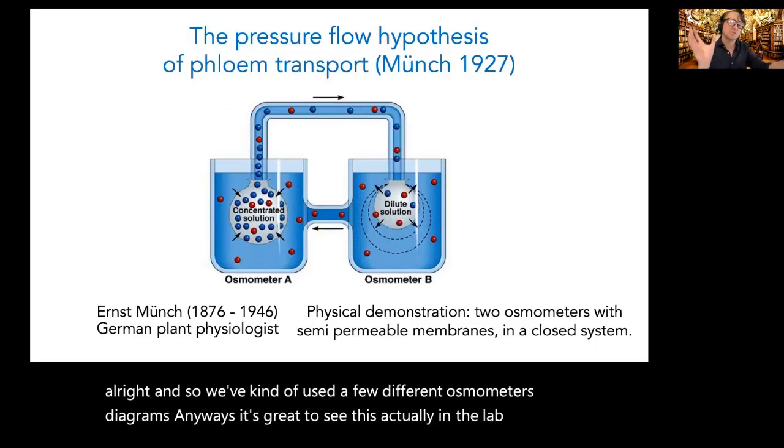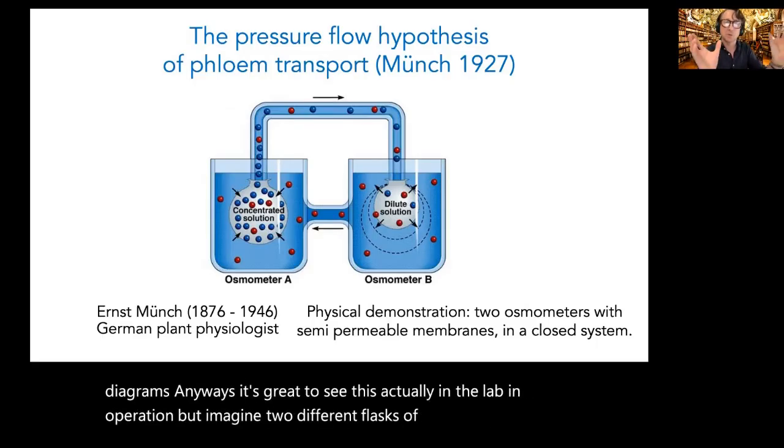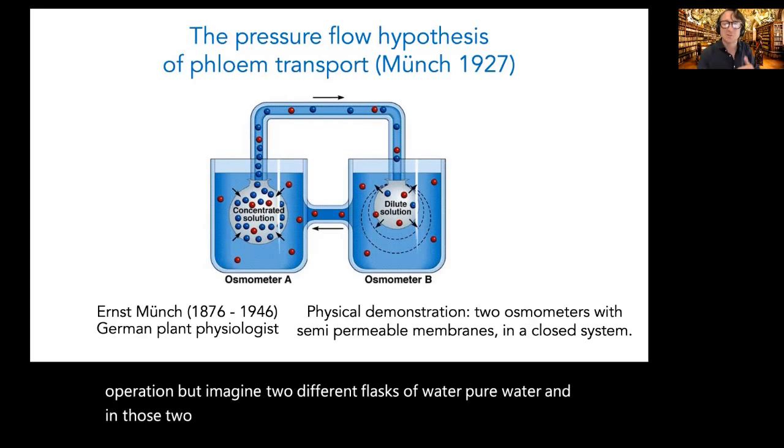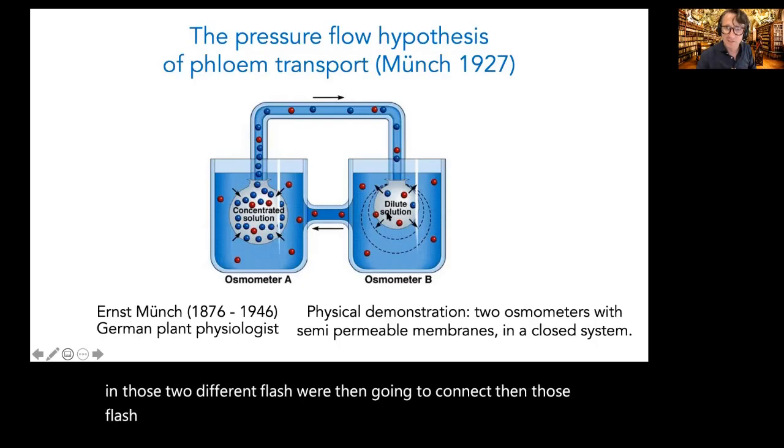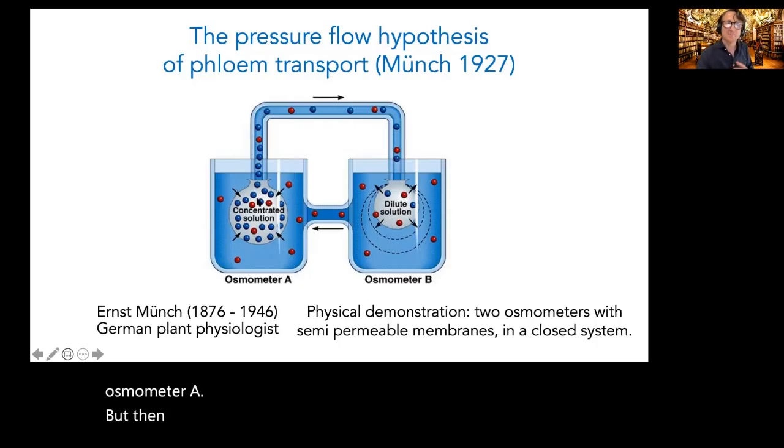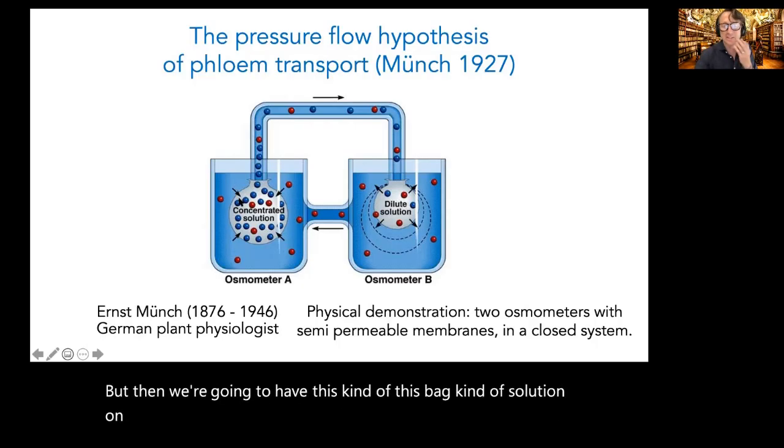But imagine two different flasks of pure water, okay? In those two flasks, we're going to connect them by one glass tubing going from osmometer B into osmometer A. But then we're going to have this bag of solution on the inside, and this is a semi-permeable membrane, okay?